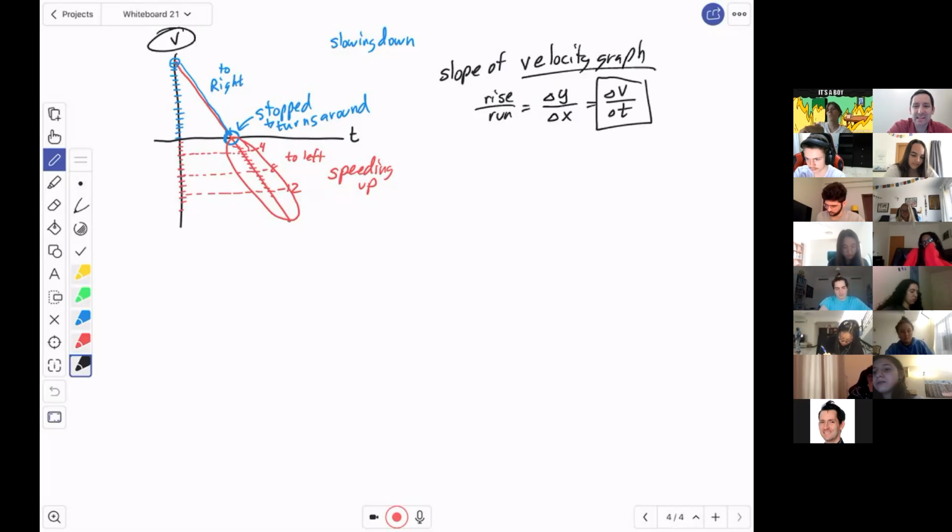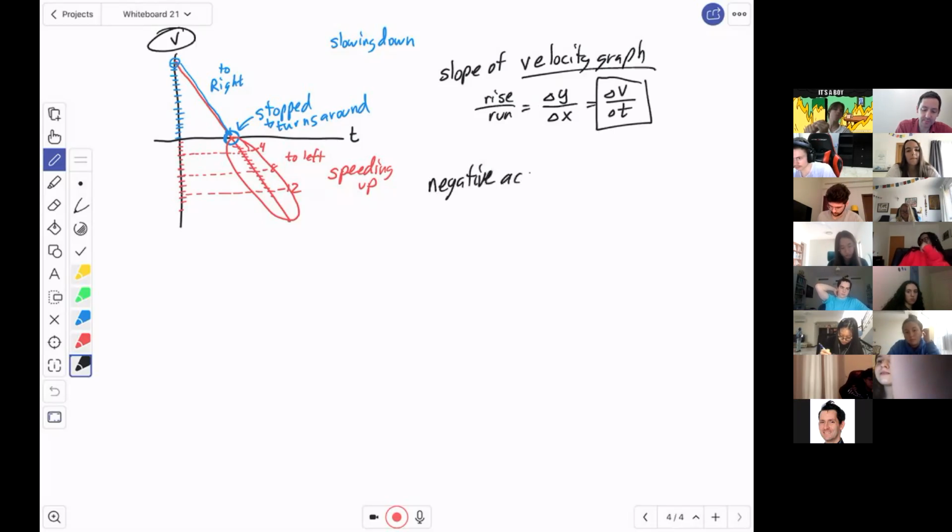Acceleration. And we have a negative slope here, so we have a negative acceleration.